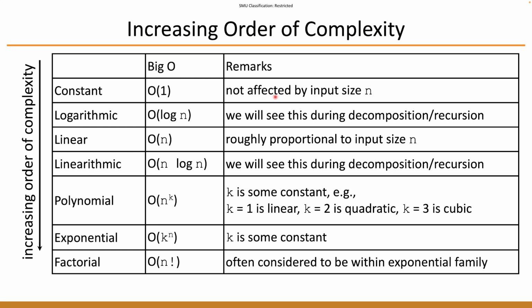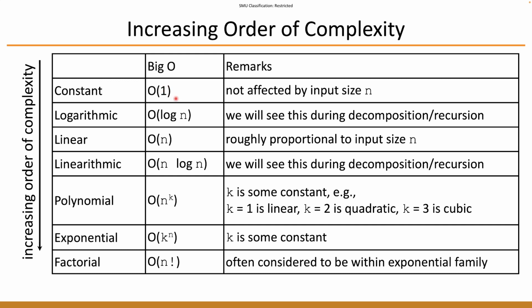That's the flat line that we saw earlier. We call it O(1) or constant time algorithm. So every row over here represents one category, one class, and the growth direction is in the increasing order of the rows. The later rows' complexity actually grows much faster than the earlier rows.